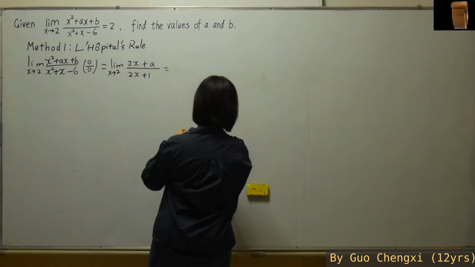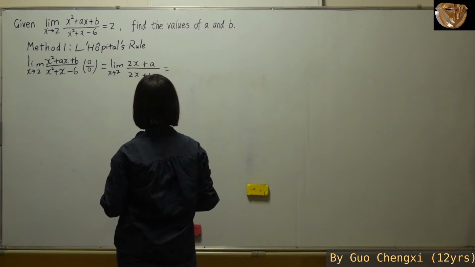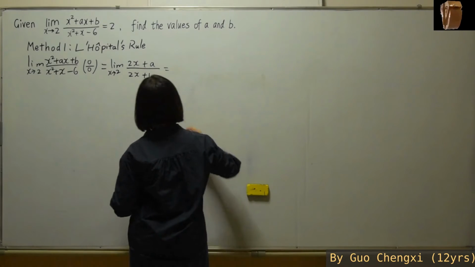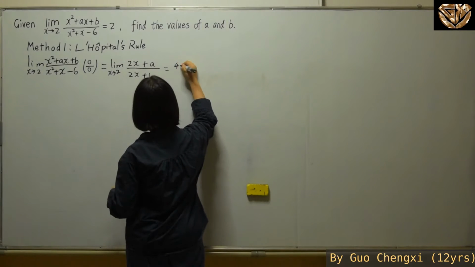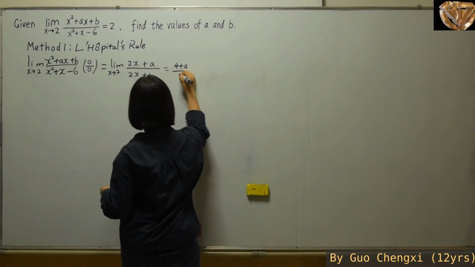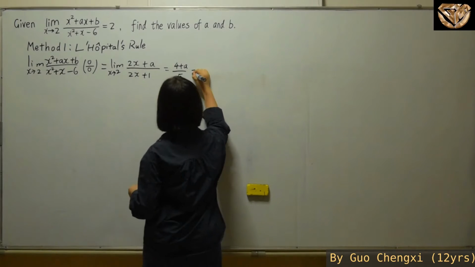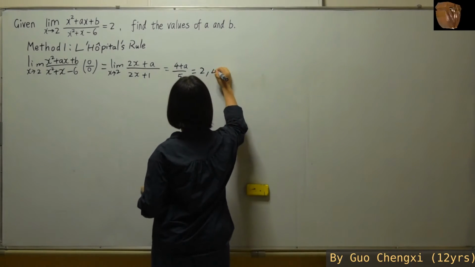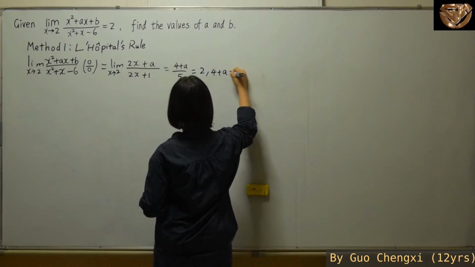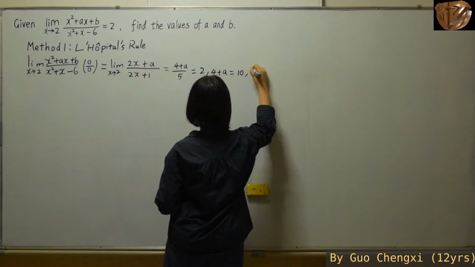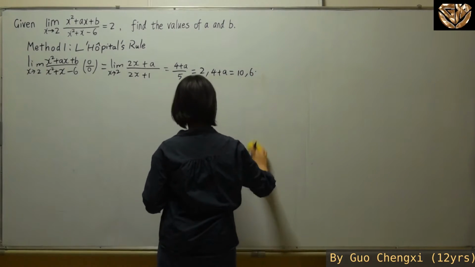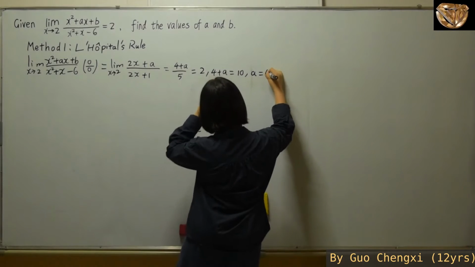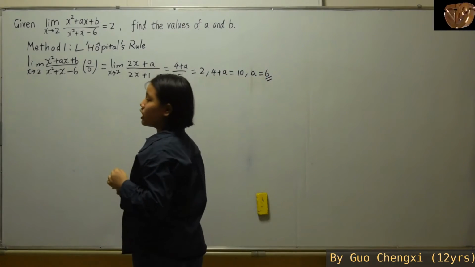Now if you substitute the x inside, you realize it's not an indeterminate form anymore, and thus you'll get 4 plus a over 5, which equals 2, and thus 4 plus a equals 10, and thus a is equal to 6, and that's what we get for a.